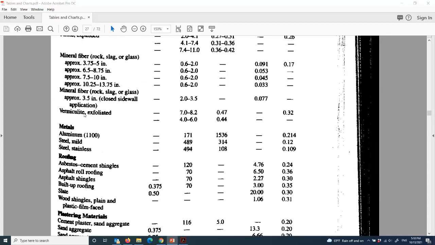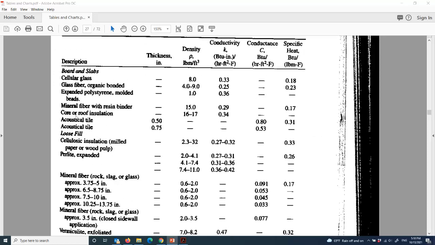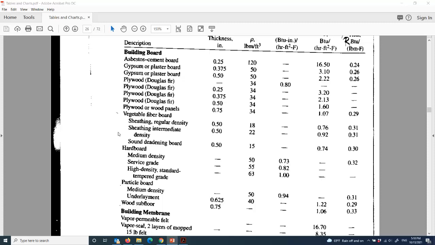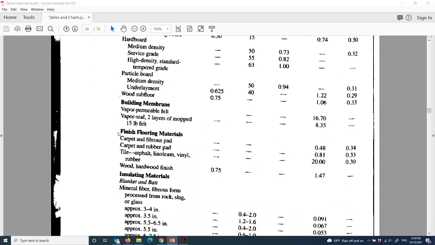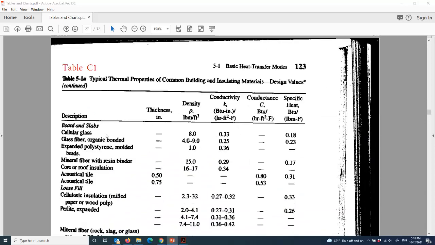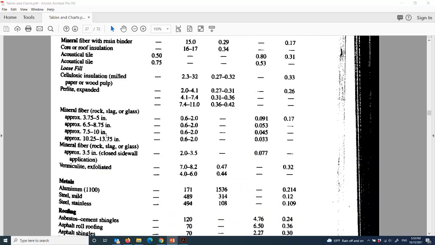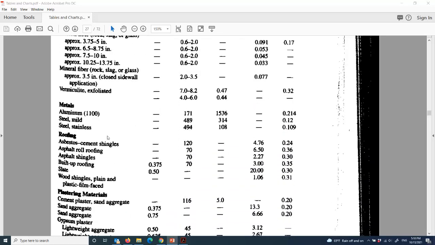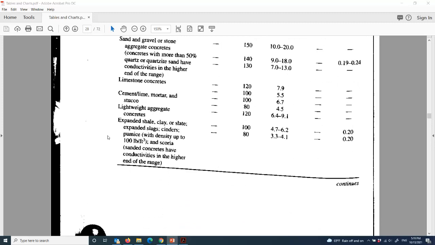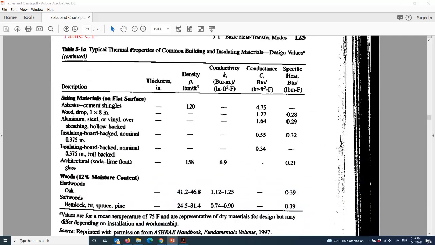Okay, roofs. Trying to find it for you. Oh, there it is.